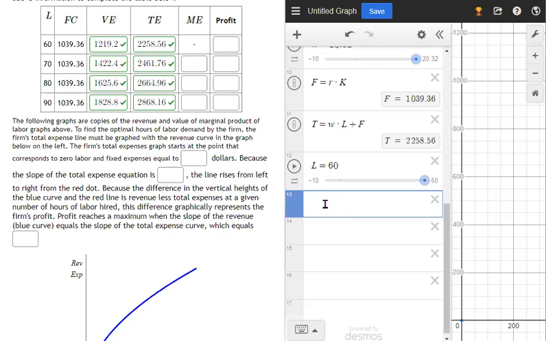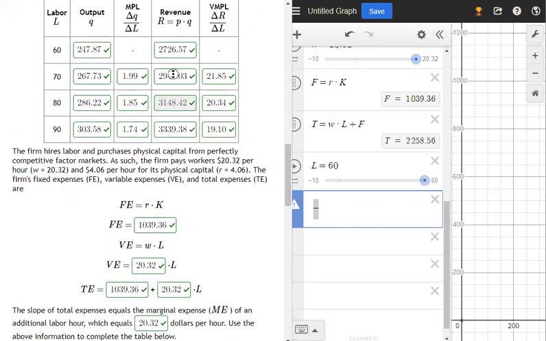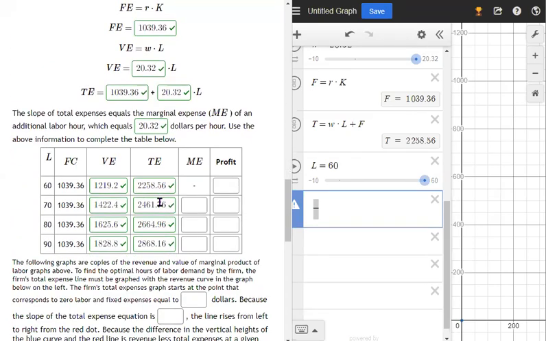Now we're going to calculate the marginal expenses. To calculate the marginal expense, we do just like we did before. Instead of taking the difference in revenue from what it was when labor demand was lower, we're going to take these differences and divide by that difference.